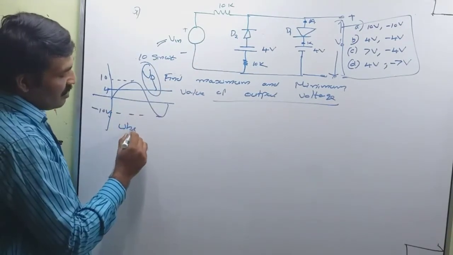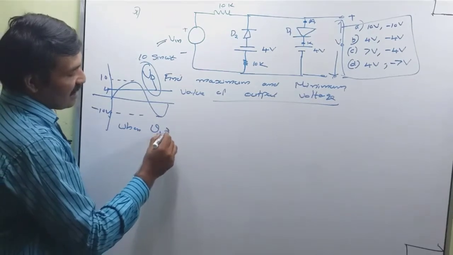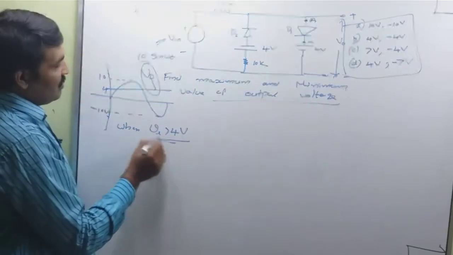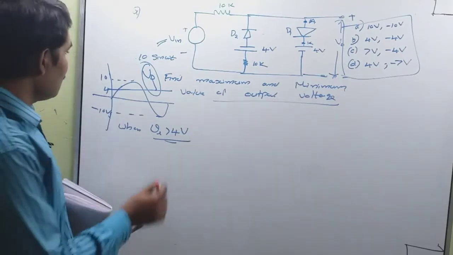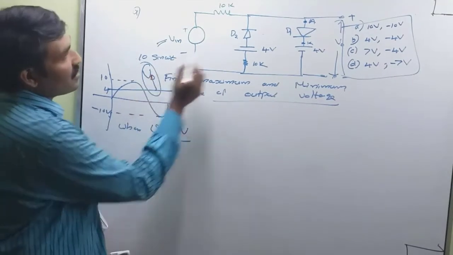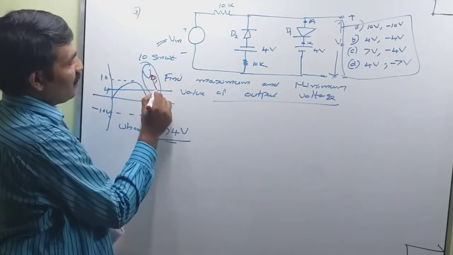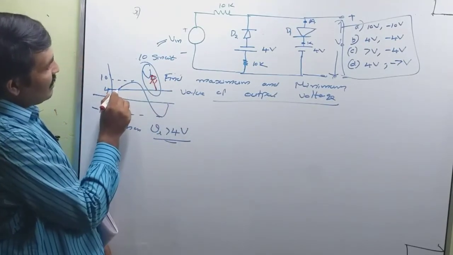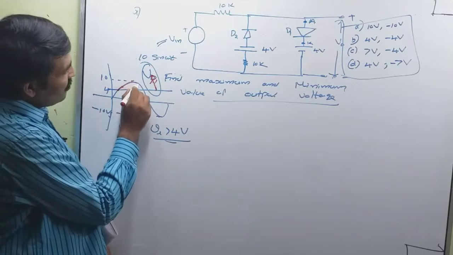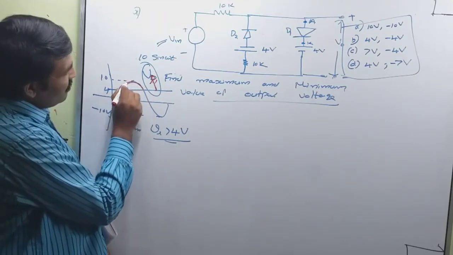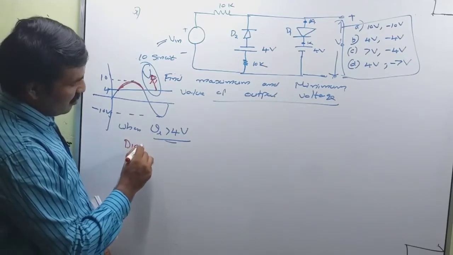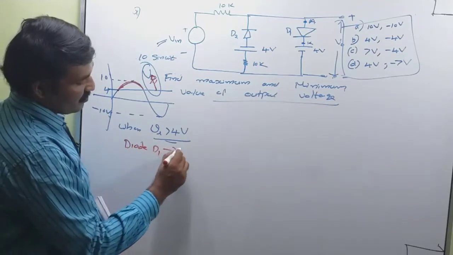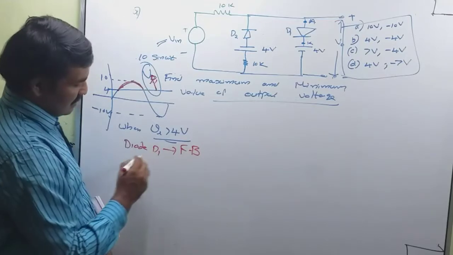When the input voltage Vi is greater than 4 volt, this is our voltage across the diode D1. What happens when Vi is greater than 4 volt? During this interval, the diode D1 is in forward bias condition.